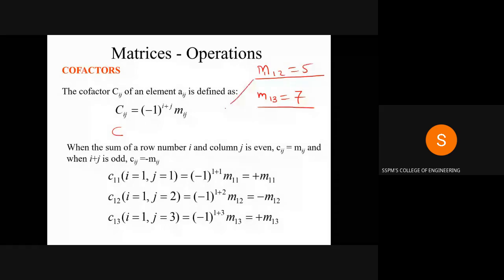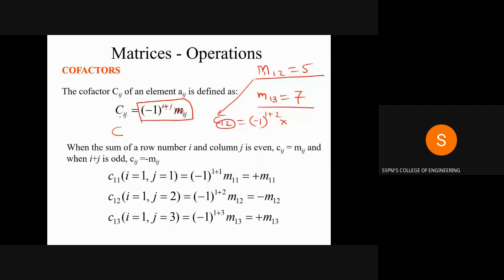For this, the corresponding cofactor will be C12. How to find C12? See, the formula is given: Cij is equal to minus 1 raised to i plus j into Mij.